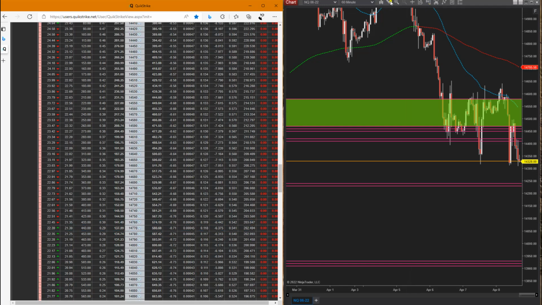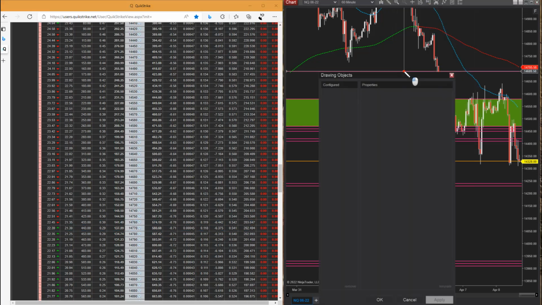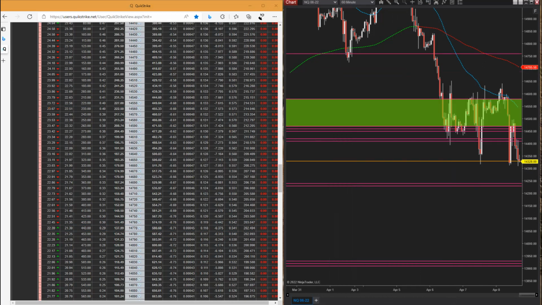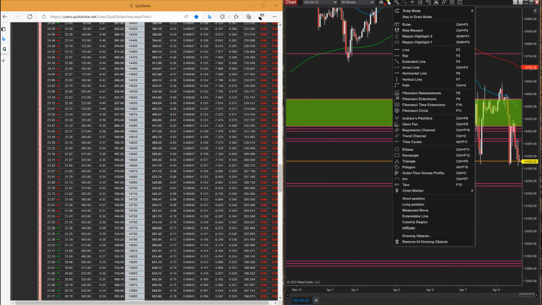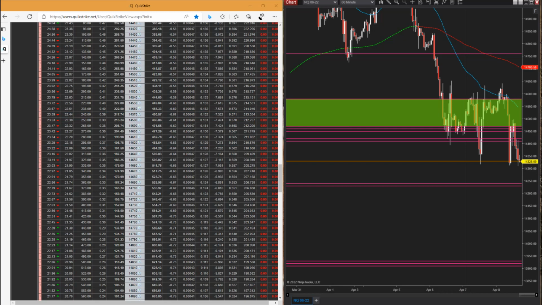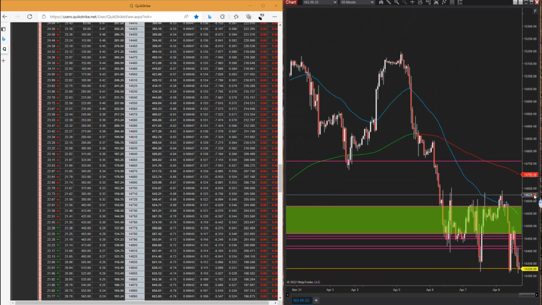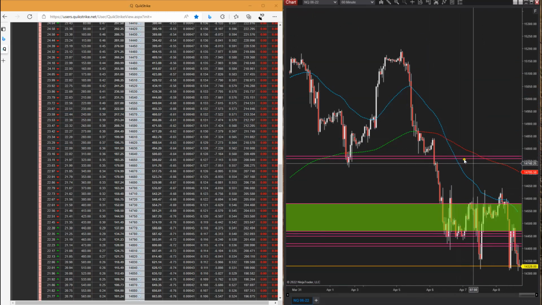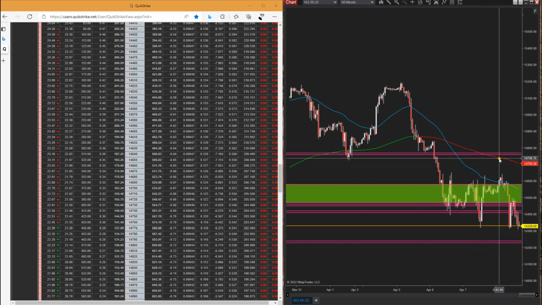So I'll go ahead and put a line on the chart for that just in case. There we go. So there's my upward boundary just in case it does pop over.